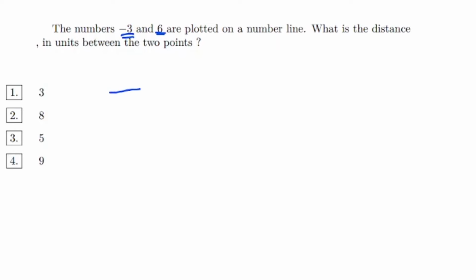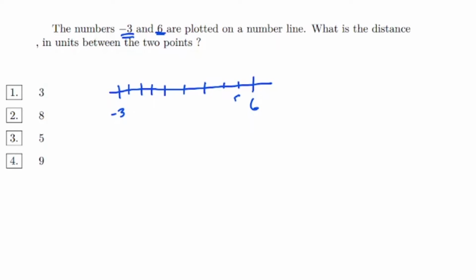Well, one way to do this is to just have the two numbers shown on the number line, and then say there's a 5 here, there's a 4, 3, 2, 1, 0, -1, -2.